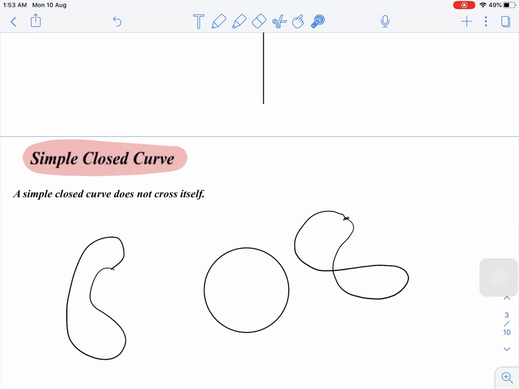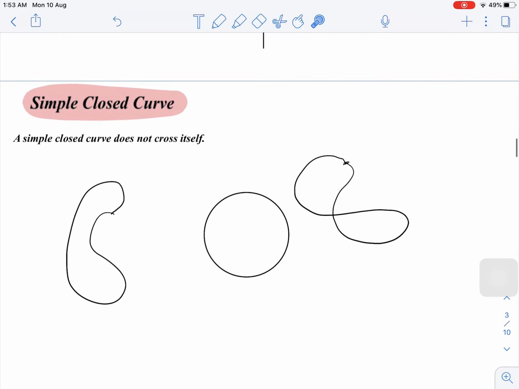Starting and end points are the same, but the curve is crossing itself here. Okay, in these two figures they are not crossing. So we consider that these two figures are what? They are simple closed curves. Okay, so what is a simple closed curve? A closed curve in which the curve does not cross itself.